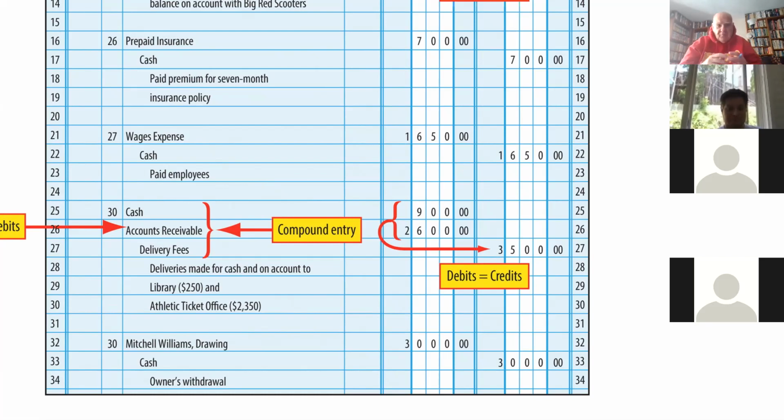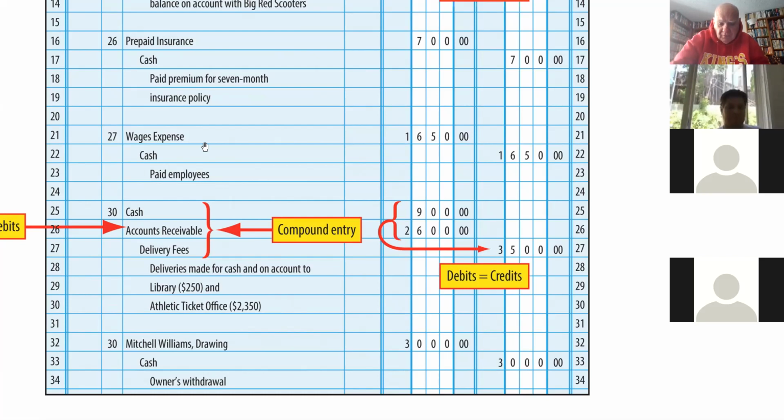Then you've got all the information and you're debiting salaries expense, wages expense. You could have a whole bunch of salary expenses: salary expense, sales, admin, hourly work, whatever. You debit wage expense, credit cash, and you're paying your people. And there's another compound entry.